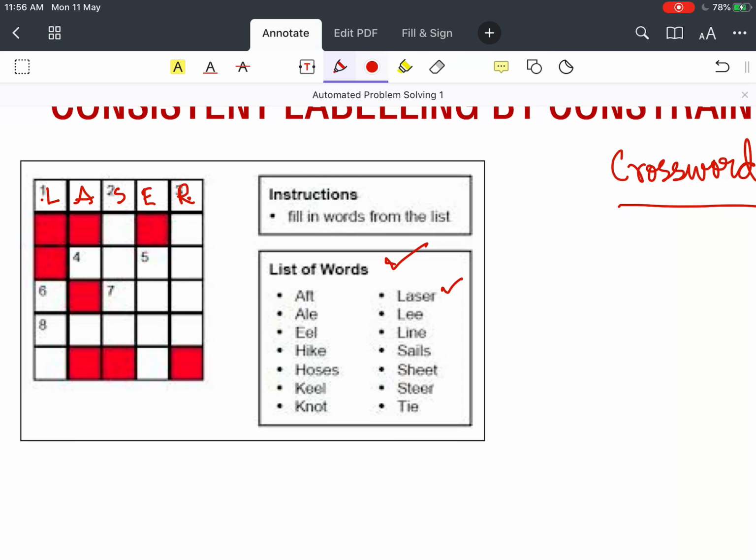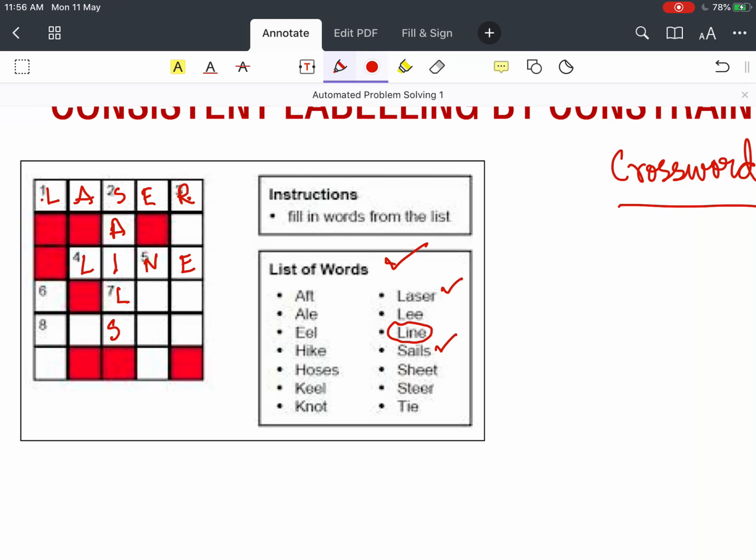If I fill up 1 with laser, then 2 down is also a 5-letter word, which I have to fill with something that starts with S. Let us say I fill it up with sales. Then constraints get generated where 4 across needs to have I as its middle letter and needs to be a 4-letter word. That is possible if I choose line, L-I-N-E.